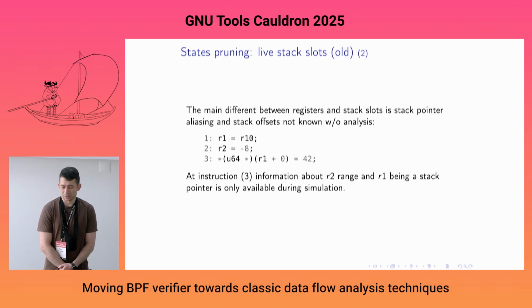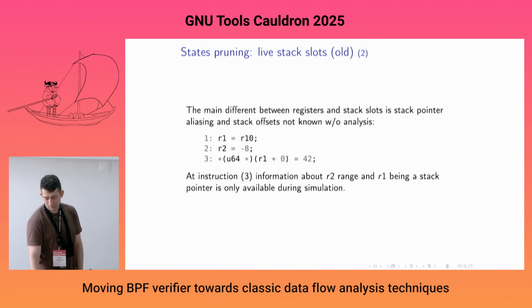And the reason we don't use regular data flow analysis for stack slots is that we cannot run it without the main simulation pass. If we alias the stack frame, we need to know that in this example R1 is a stack frame, and we need to know also the value of R2.